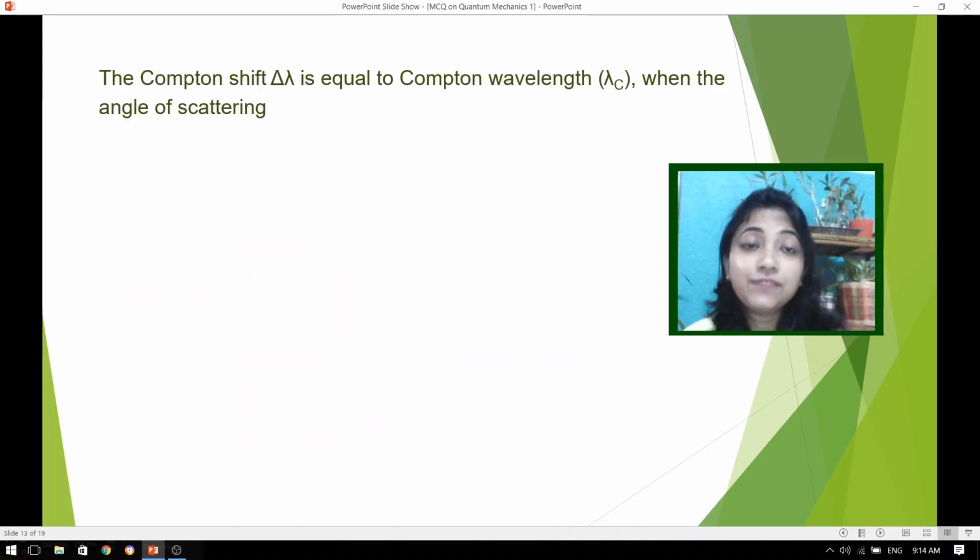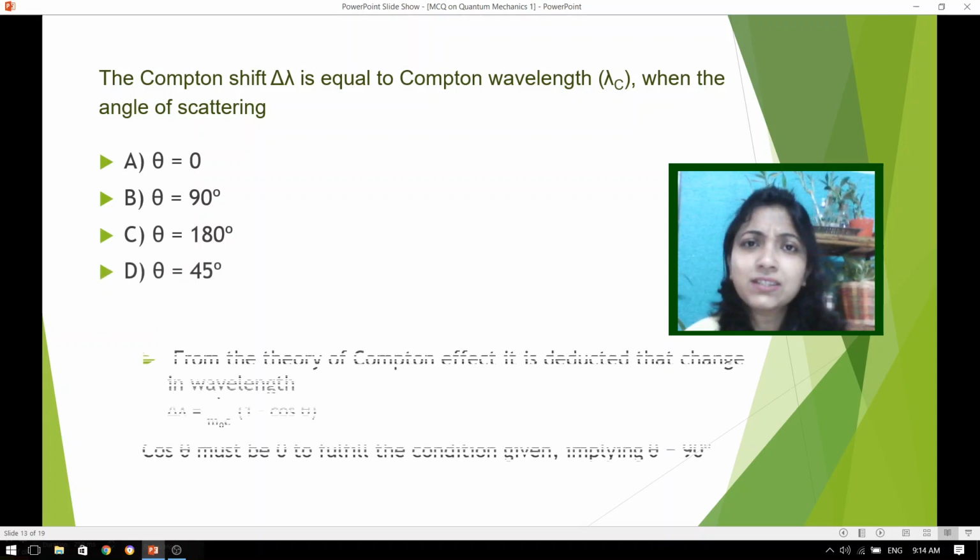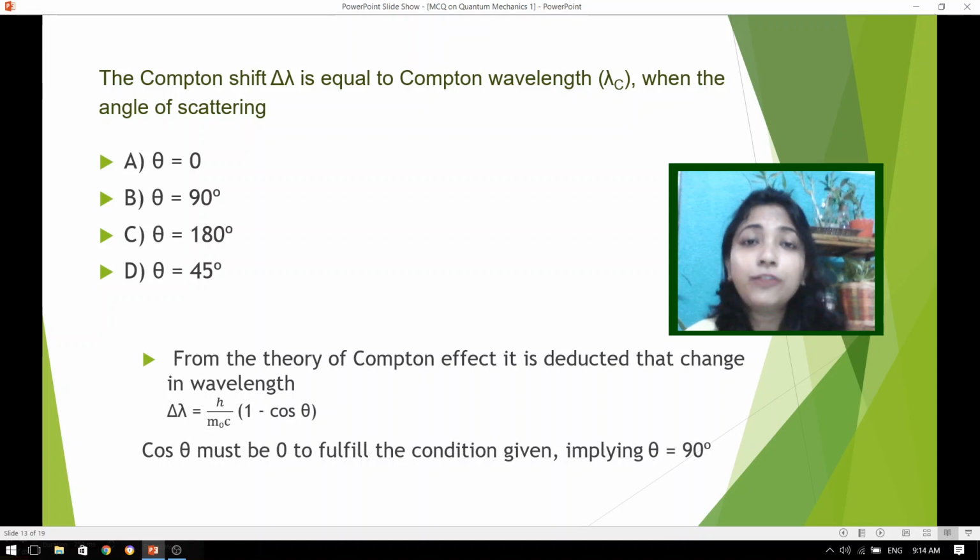The Compton shift delta lambda is equal to the Compton wavelength when the angle of scattering theta is equal to 0, 90 degrees, 180 degrees or 45 degrees. Once again, we will consider the formula for Compton shift: delta lambda is equal to h by m0c times (1 minus cos theta). Over here, we know that the h by m0c part is called the Compton wavelength.